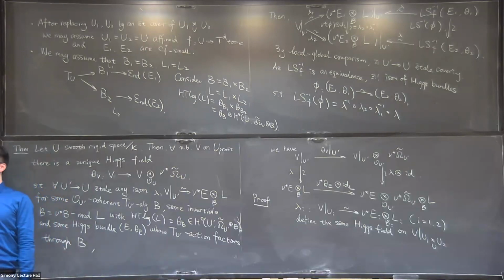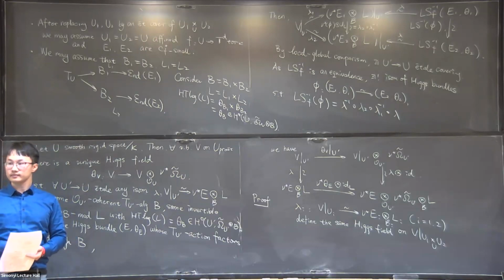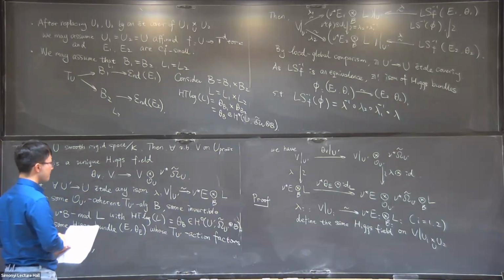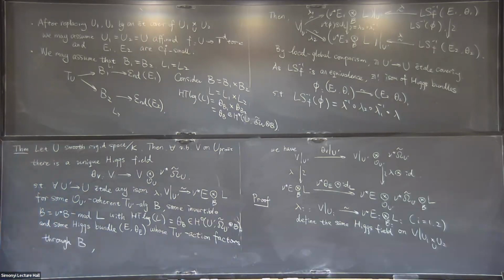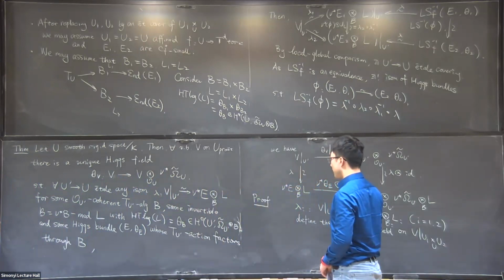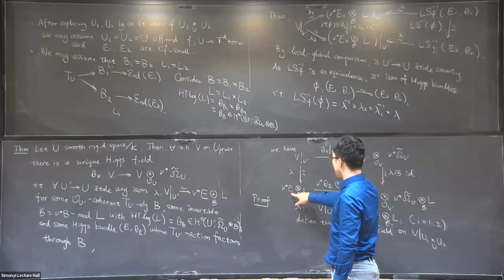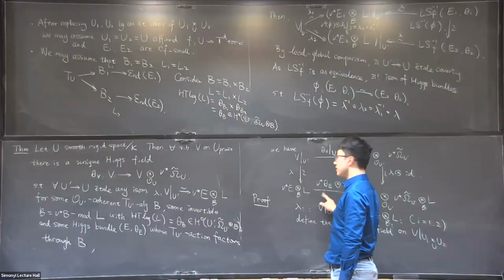So it's a canonical definition. I'm just confused because this theta V is defined on the pro-étale side, but you were just talking about étale. I mean, if locally we have such an isomorphism, the Higgs field over étale can be pulled back to the pro-étale side.